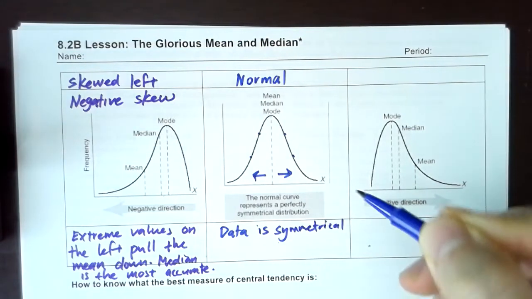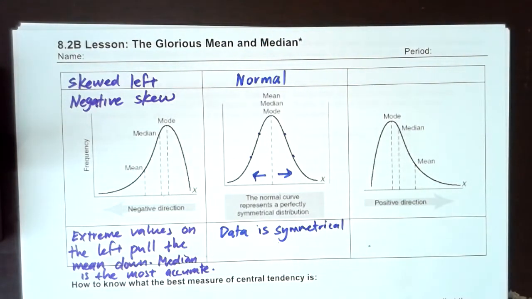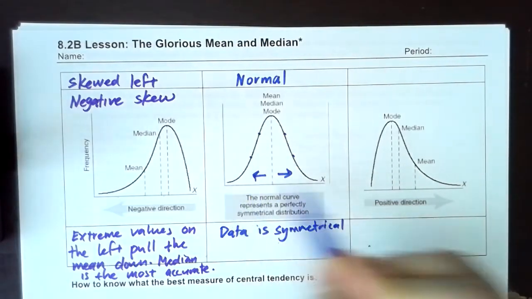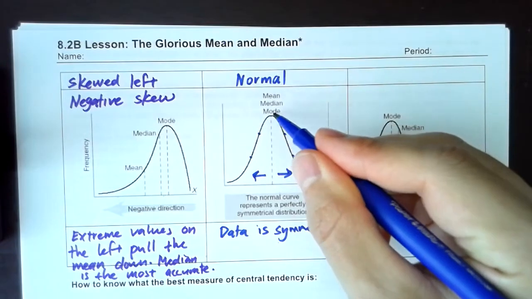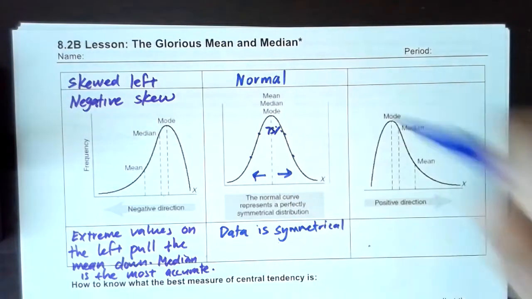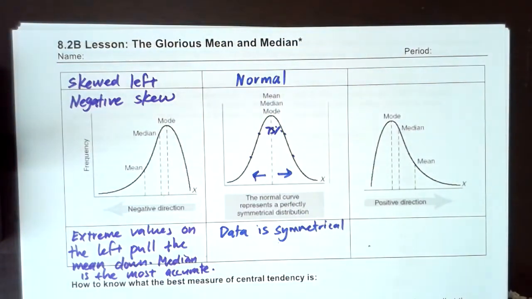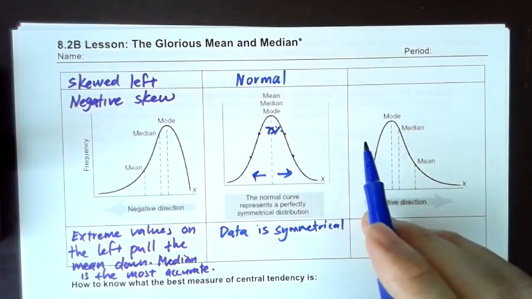Now, just because the data is symmetrical doesn't mean it's necessarily a good thing for the overall conclusion of the class. For example, let's say that this was the scores of our students, and what if the mean, the median, and the mode was a 75%? You could say, wow, the data is very, very symmetrical.